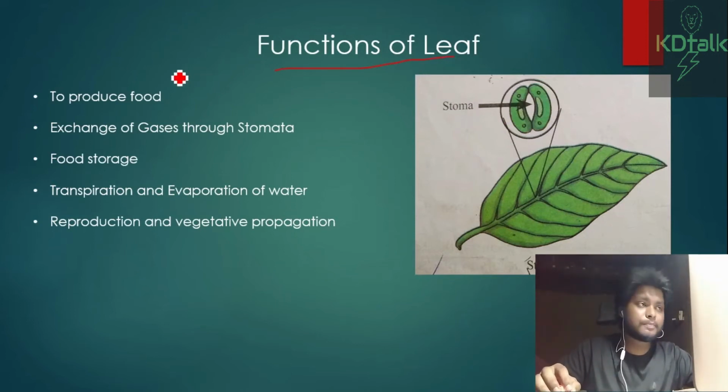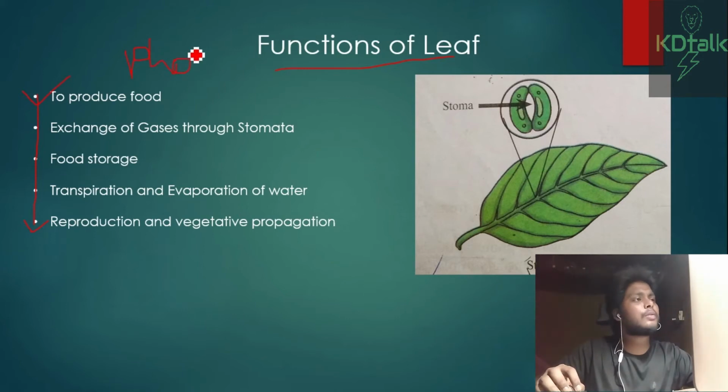Function of a leaf. What are the functions of a leaf? Leaves have different functions, but these are the main functions we could take into consideration. First of all, to produce food through photosynthesis.